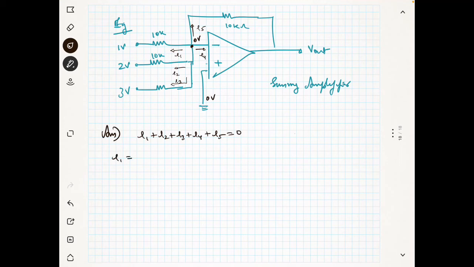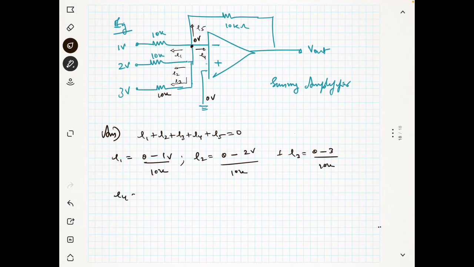Now what is I1? I1 is equal to 0 minus 1 divided by 10 kilo, and what is I2? 0 minus 2 volt divided by 10 kilo. I3 is equal to 0 minus 3 by 10 kilo, and I4 is equal to 0, then I5 is equal to 0 minus V out divided by 10 kilo.